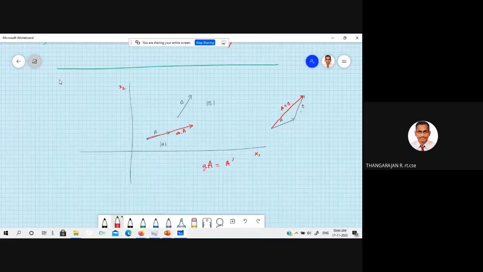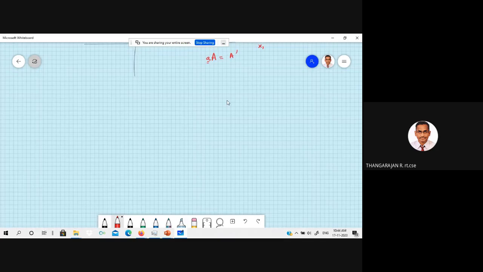To understand vectors in an even better way, you have to see this thing like this. This is the vector. This is x1, and x2, capital X1 and capital X2.